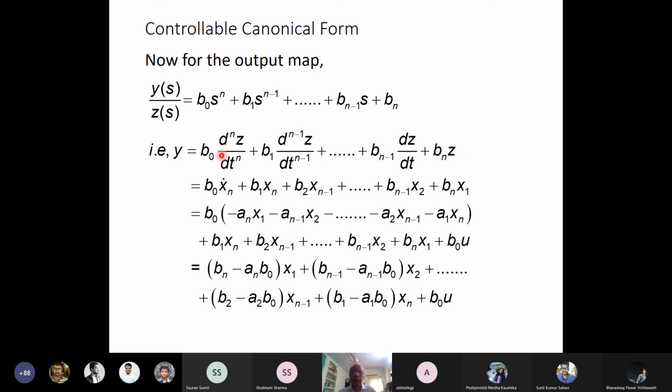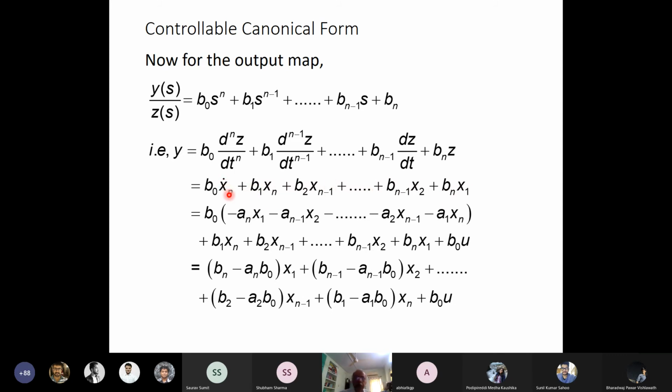Now d^n z is basically xn dot, this one is xn, this one is x(n-1), and this will continue until I get bn x1. So I replace z in terms of x1, x2, up to xn.